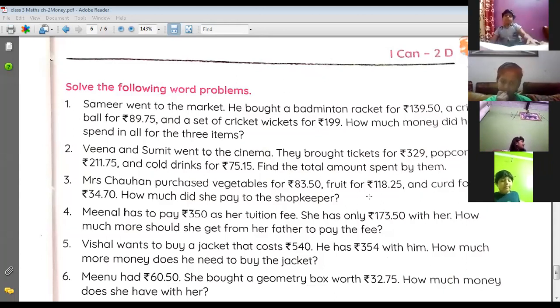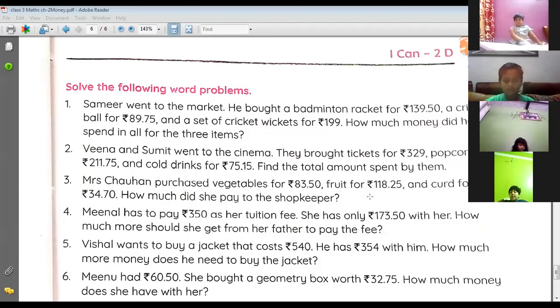And can you tell me how we are going to make the statements over here? First statement ma'am is going to make for you, and the rest two statements you will tell me. Okay, Abid? Yes, ma'am. So suppose the first statement will be the cost of tickets. Cost of tickets is equal to 329. Okay. And second statement, can you tell me? Cost of popcorn.